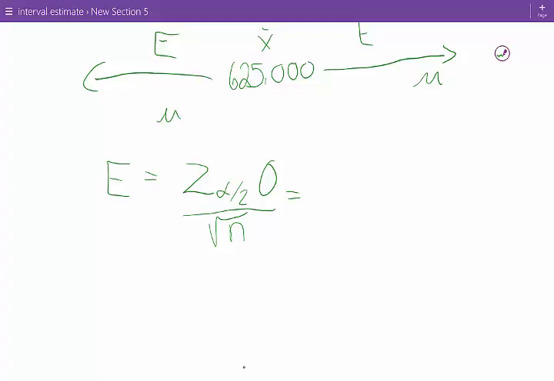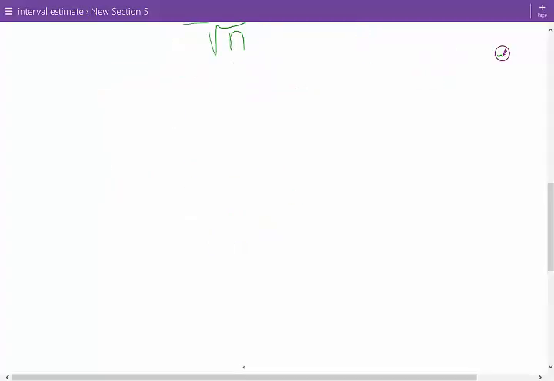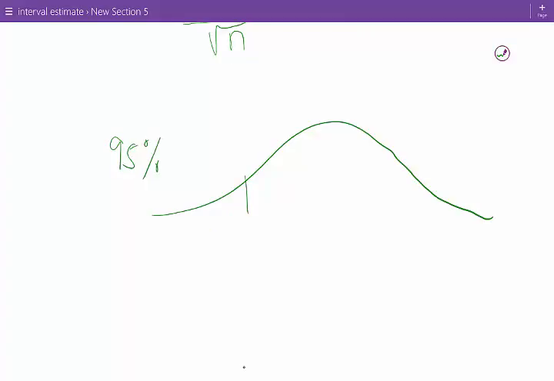So let's look at our Z-stat first. We want to be 95% sure. That means the 95% is going to be split symmetrically around the mean.